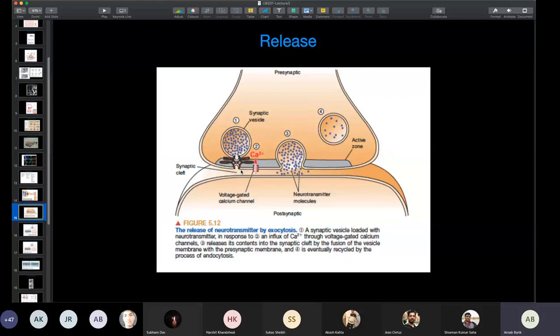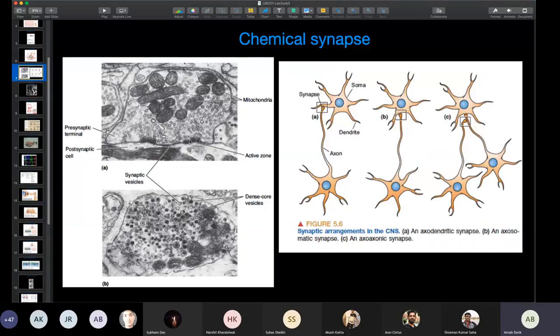If you look at electron microscopy, if you just Google active zones or synapses, you can see specific kinds of dark structures. So here are the active zones, and similar to the cartoon, all the synaptic vesicles are coming and fusing.